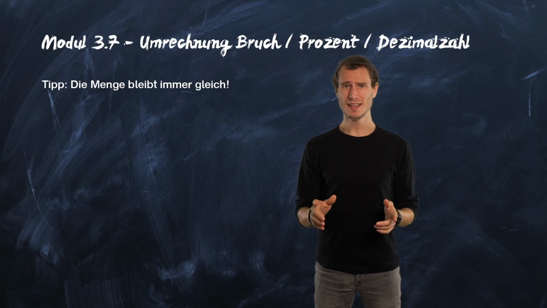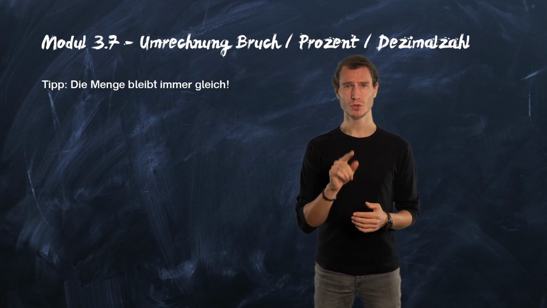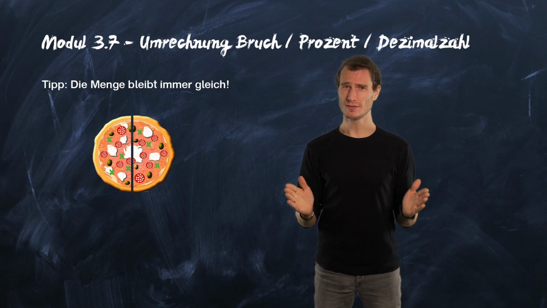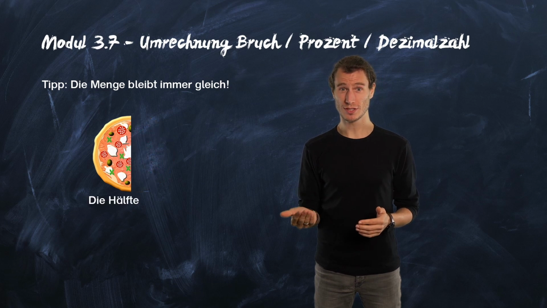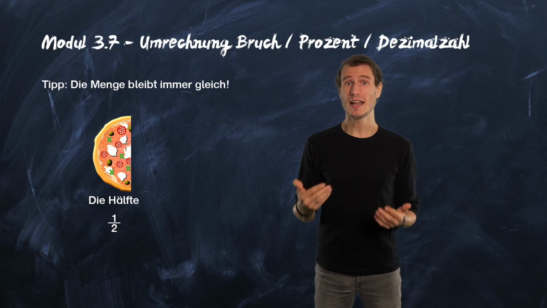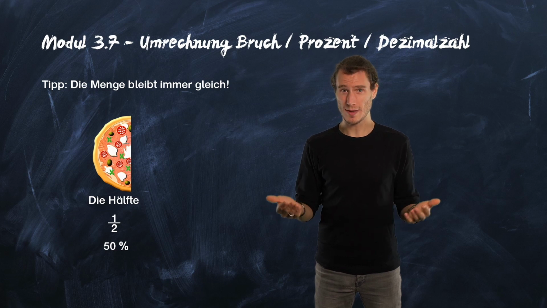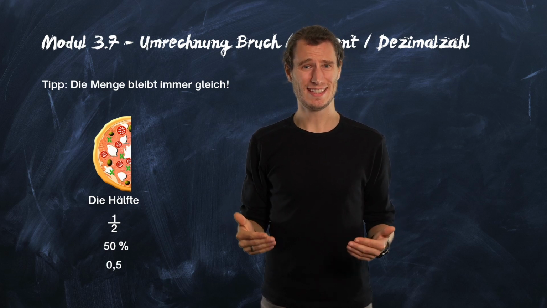Think back to the pizza we used in tutorial 1. We divided it into 2 equal halves. If I had eaten 1/2, written as a half, then I would have eaten the same amount as if I had eaten 50% of the pizza, or 0.5 pizzas written as a decimal.